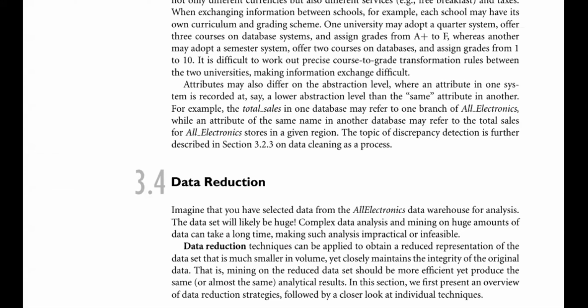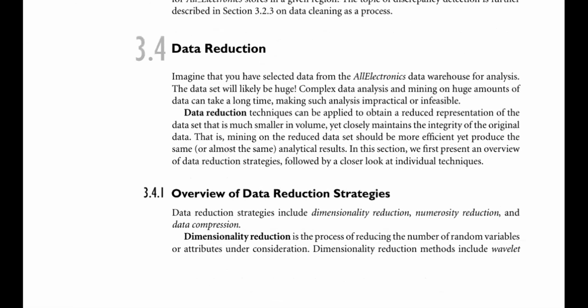The first one is dimensionality reduction. Dimensionality reduction is simply the process of reducing the number of random variables or attributes under consideration. Dimensionality reduction methods include wavelet transform and principal component analysis, which transform or project the original data into a smaller space.